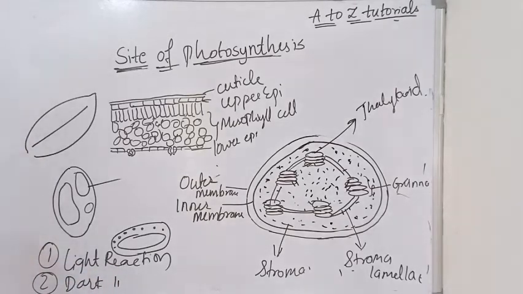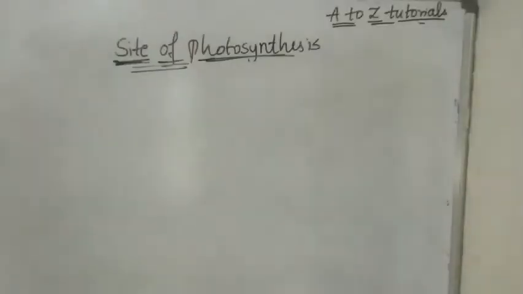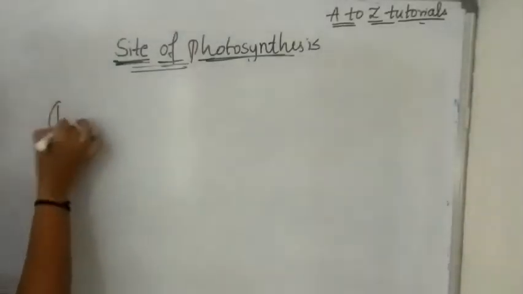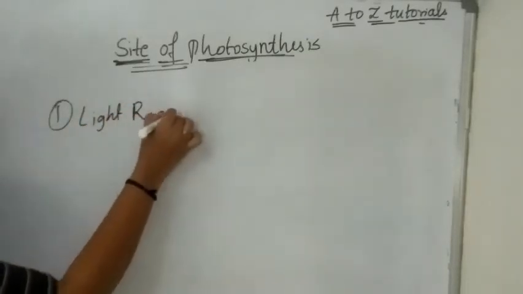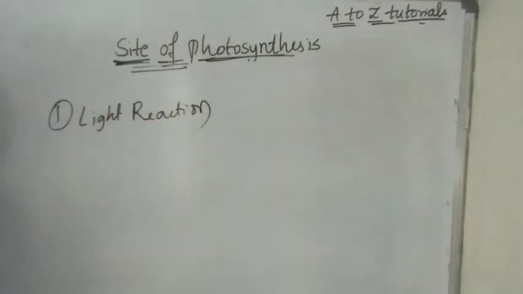This light reaction occurs in the thylakoid. As the thylakoid contains the pigments, those pigments are going to absorb the light, and this is called the light reaction.